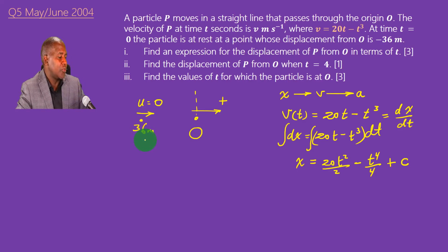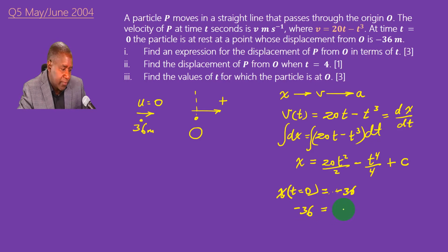Now, what is it that we are told when time is 0? When time is 0, the displacement is minus 36. So I put a 0, 0. When I put 0 here, this one becomes 0. I put 0 here, this one becomes 0. And I remain with c. So that implies that my c is minus 36.